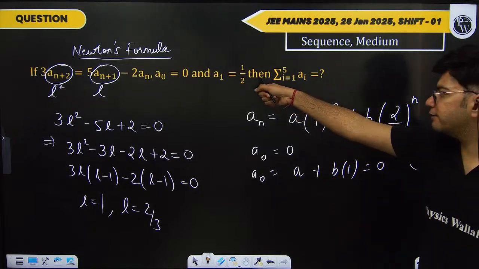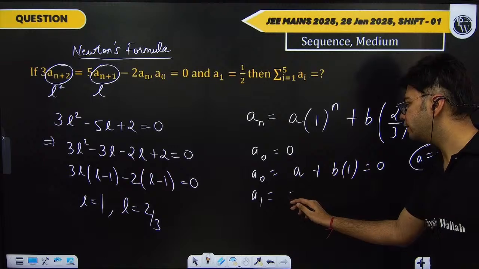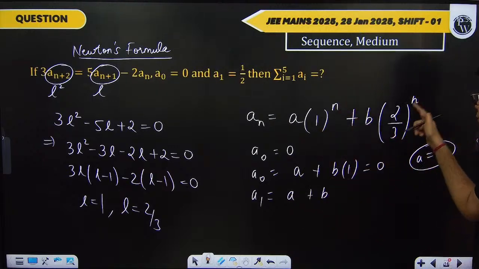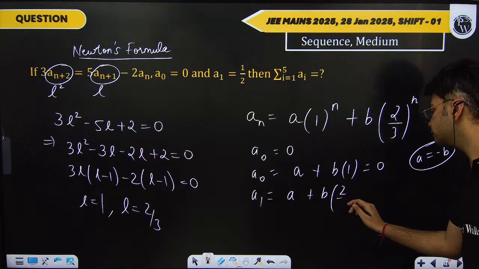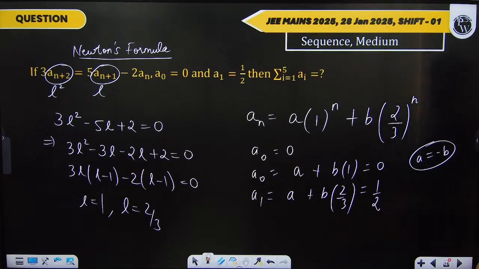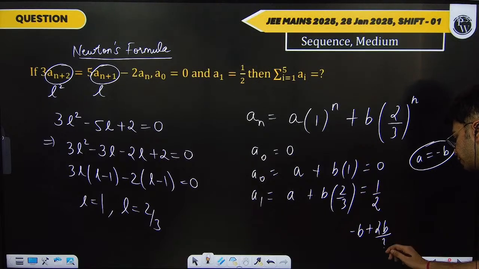Now a1 is given as half. So a1 will come out as a into 1 raised to the power 1 plus b into 2 by 3 raised to the power 1. This should be equal to half. Now a is minus b, so this gives me minus b plus 2b by 3 equal to half.